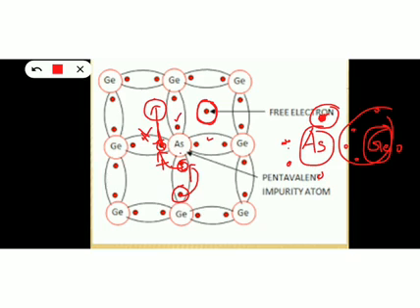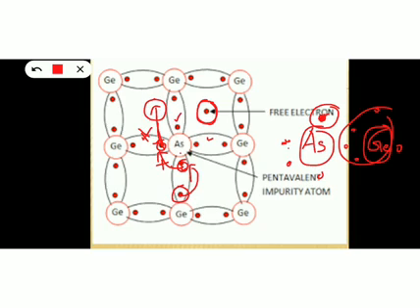So electrons are available in 2 ways, by the adding of impurities and by the breaking of covalent bonds. So electrons are the majority carriers here. Holes are formed only due to the movement of electrons from one vacancy to another. So holes are the minority carriers and electrons are the majority carriers.